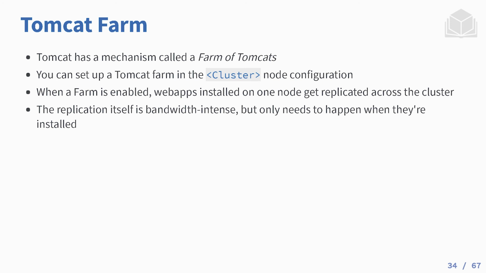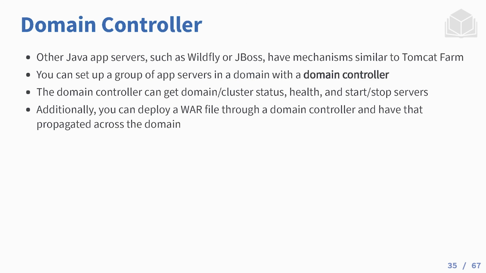There are Tomcat Farms that you can build with an extra plugin, and you can enable all of this easily, but I won't cover that with Tomcat. Similar, there are several ways to provide cluster deployments in JBoss, in WebSphere, and so on, and I also won't cover them right now.